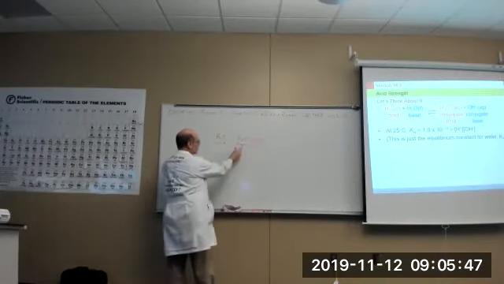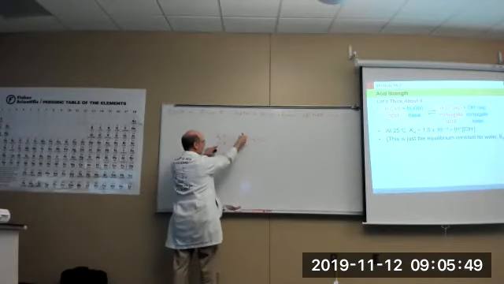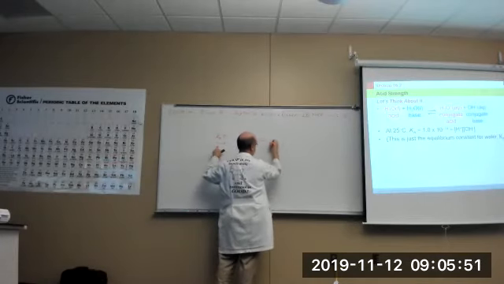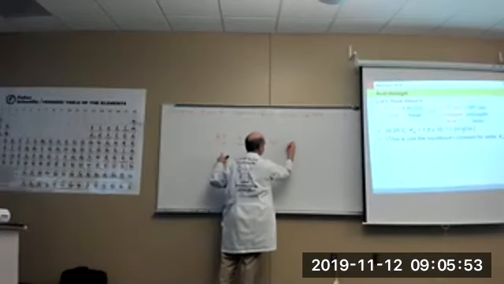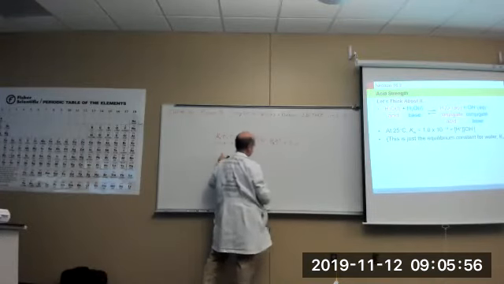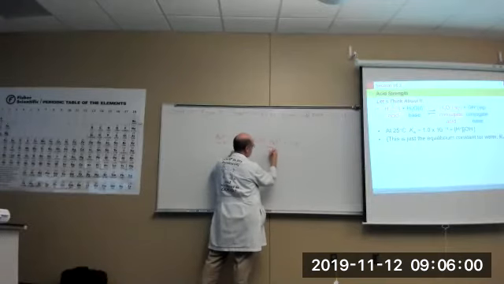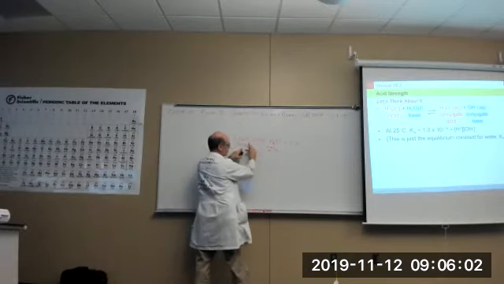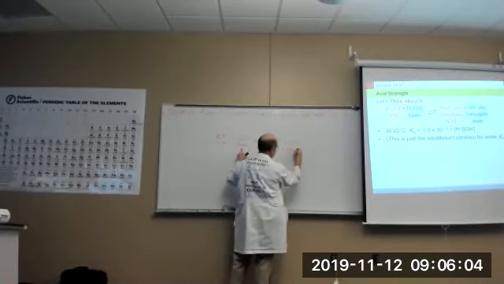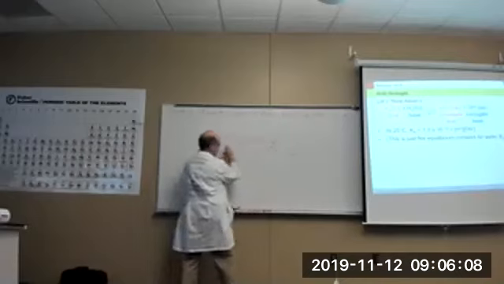So if this is the base, the proton transfers to that one and leaves behind that one. So this is the conjugate acid of that base, and this is the conjugate base of that acid. Okay?